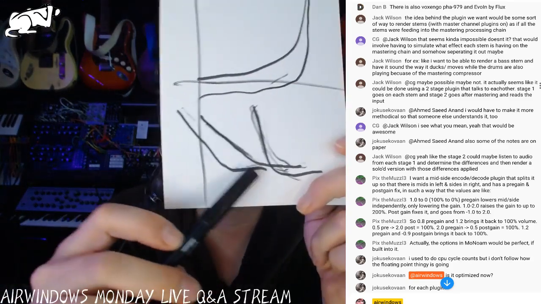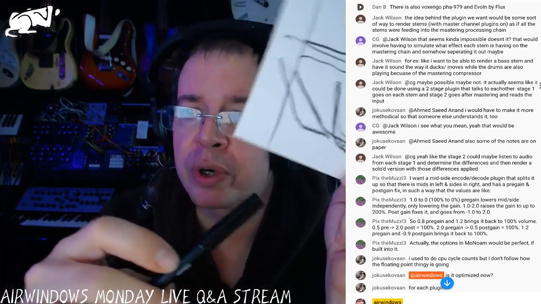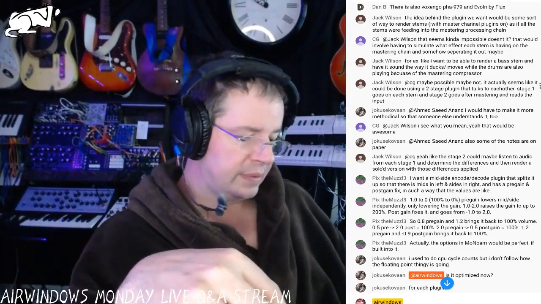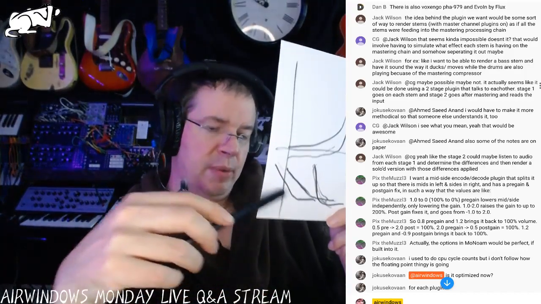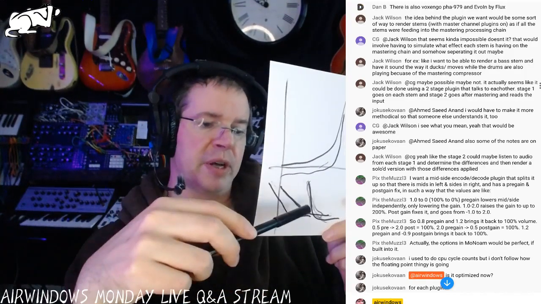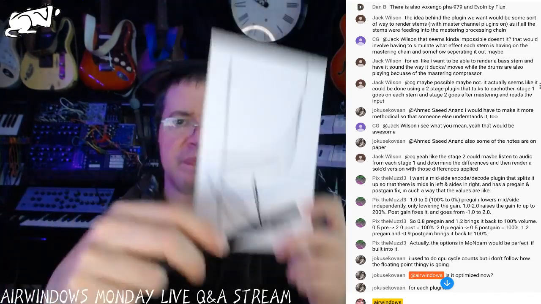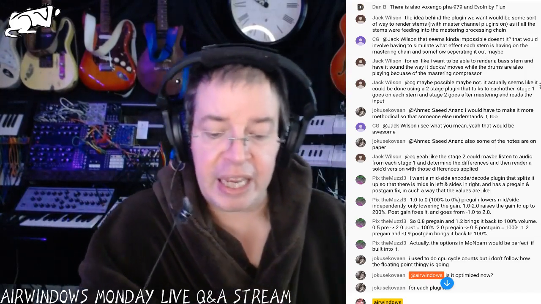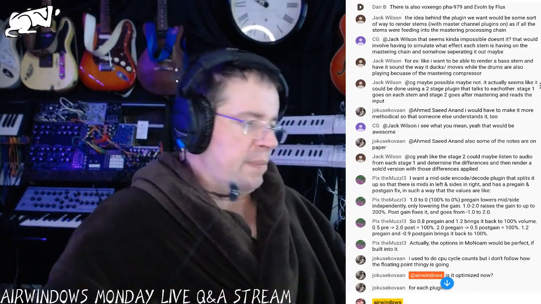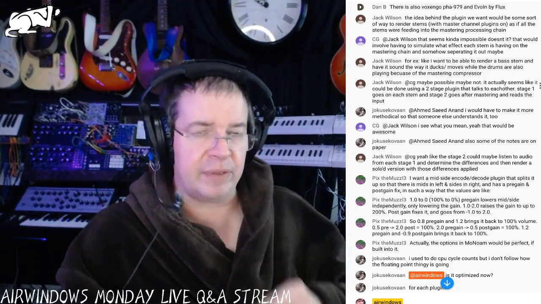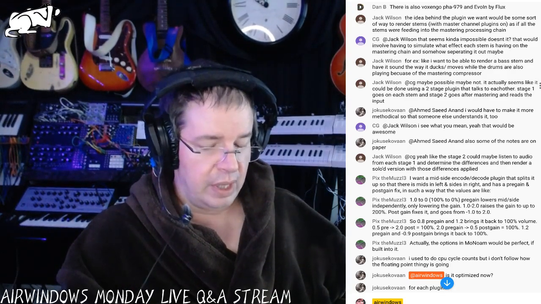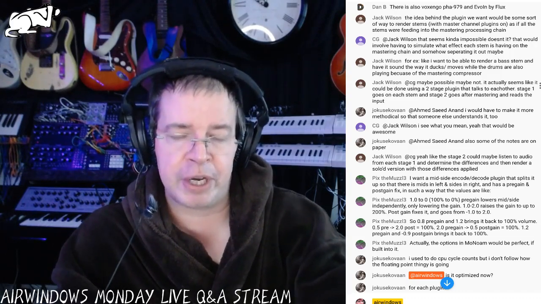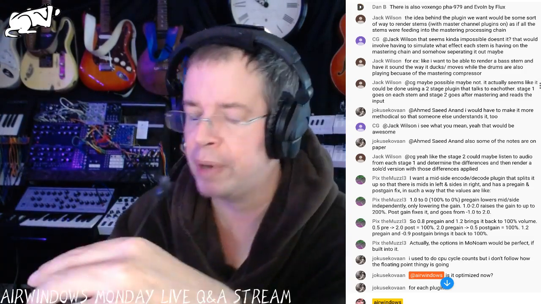But also have the stems running a low ratio compression, because compression multiplies by itself. So if you have some on the stem and some on the master bus, they will combine together to reproduce this. You'll be able to reproduce the effect that you were getting even though the mastering person is apparently not even coming close to reproducing exactly what you've got on the bus that you're working with, which becomes really the problem.